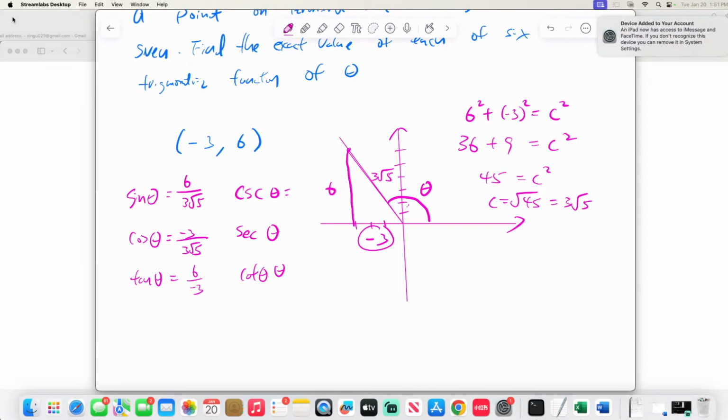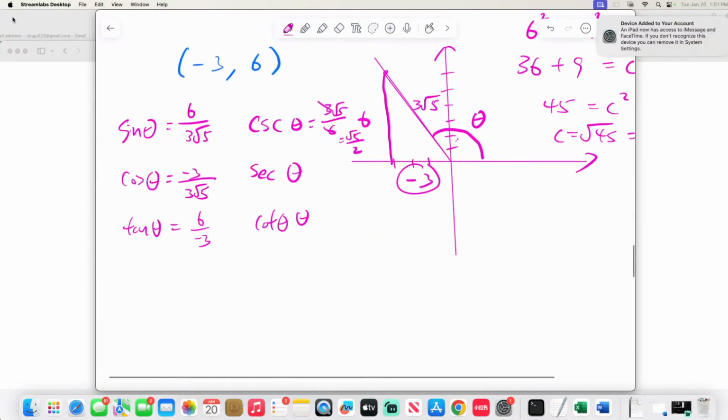And then cosecant is going to be what? 3 square root of 5 over 6, which is simplified down to square root of 5 over what? 2, right? And this one's going to be negative square root of 5. Is that okay? And this one's -2, so it's going to be negative 1/2.